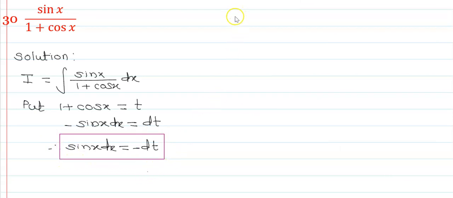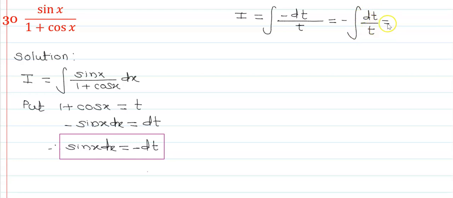Now substitute the value here. I is equal to the integral of sin x dx, which is minus dt, upon 1 plus cos x, which is t. So minus the integral of dt upon t. Its integral is minus log of mod t plus c.